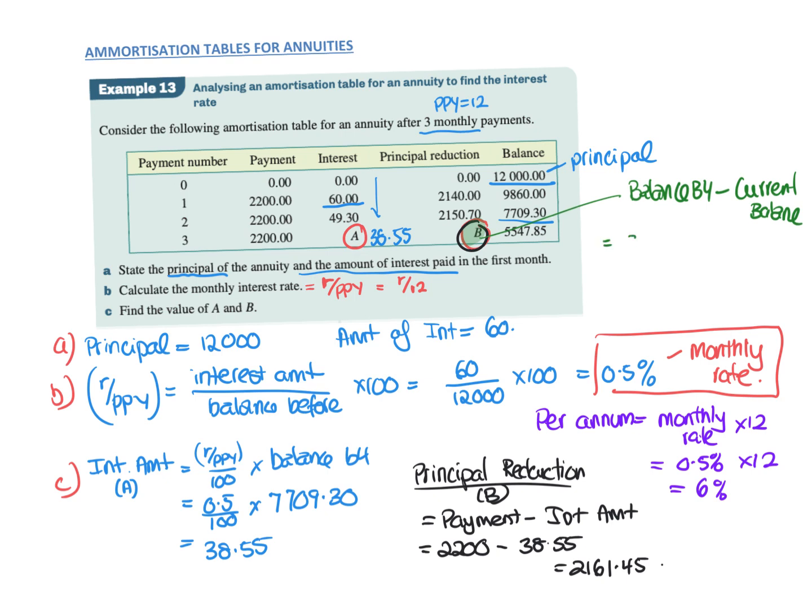So you could have said 7709.30 minus 5547.85, and you'll get the same number, which was 2161.45. So these are two ways you could do that. Depends what you're looking at and how you're seeing it.